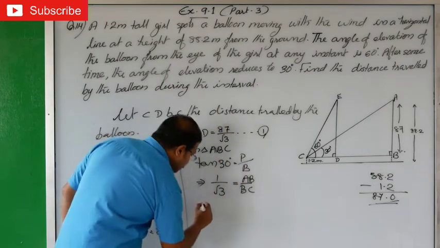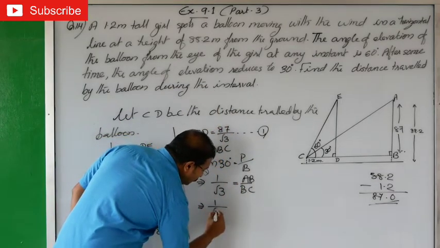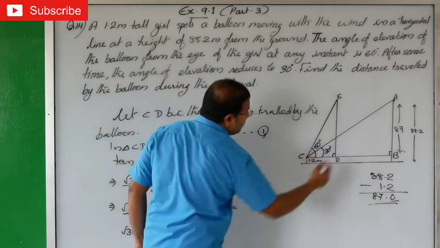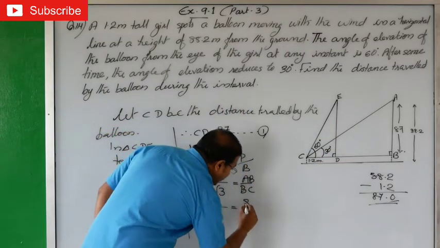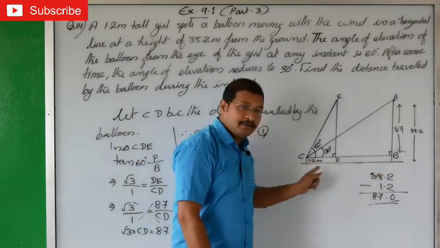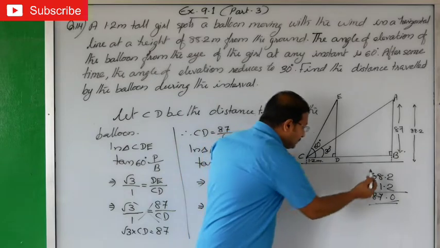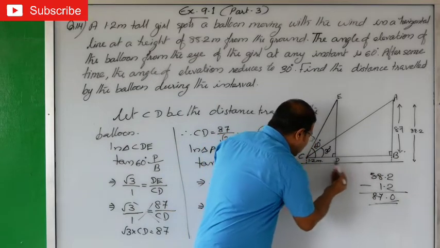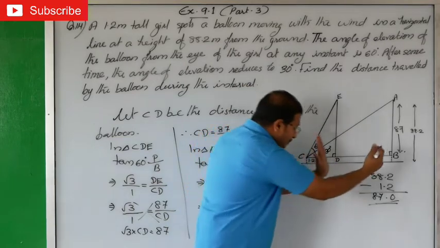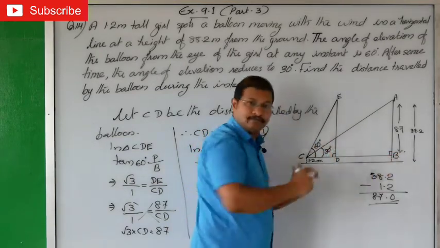Okay, this implies 1 by root 3 equals AB by BC. What is AB here? 87. 87 divided by, in place of BC we can write BD plus CD. Ready?